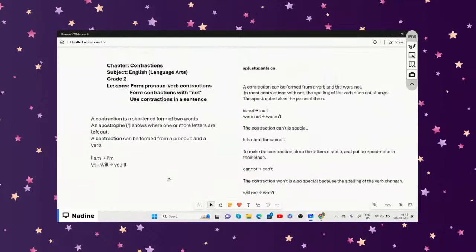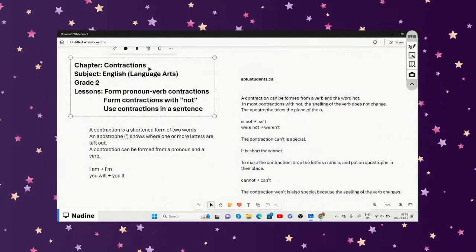Our chapter that we are focusing on today is contractions, English language arts, grade 2, and our lessons that we're going to be focusing on today are to form pronoun verb contractions, to form contractions with not, and to use contractions within a sentence. So that is what we are going to be focusing on today.